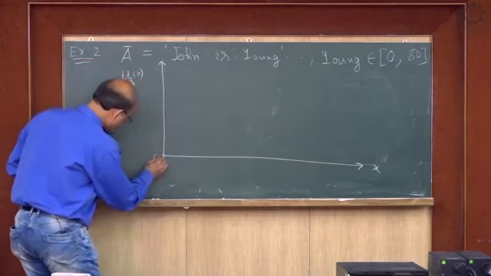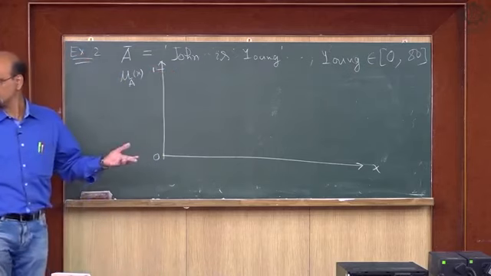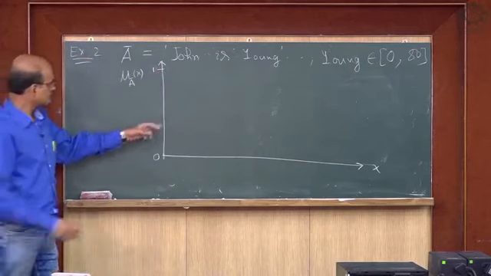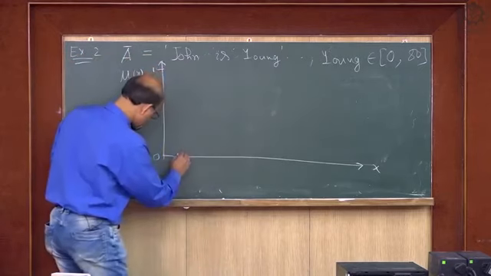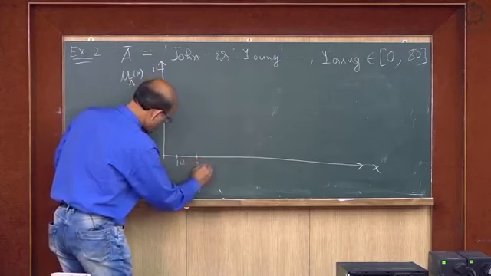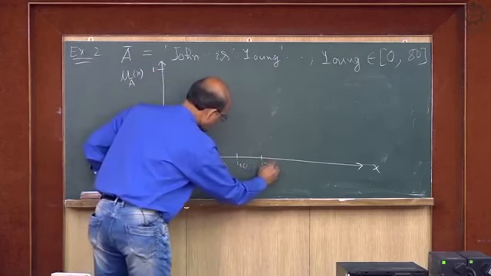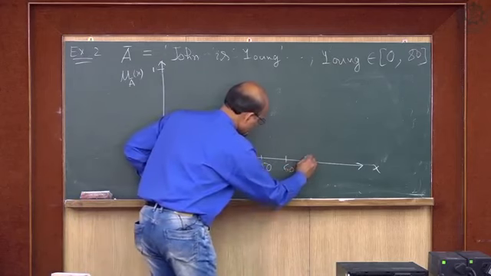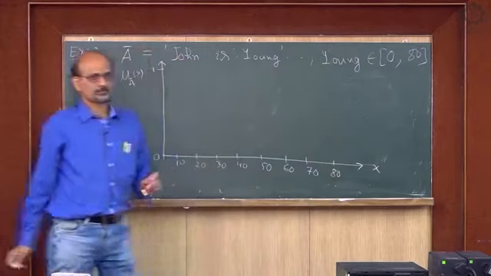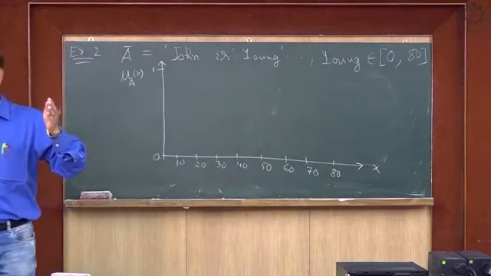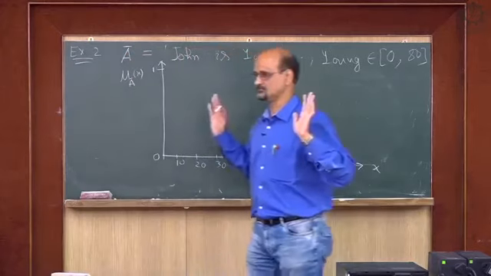Membership values will be from 0 to 1. Up to 80, so suppose 10, 20, 30, 40, 50, 60, 70, 80. See, the range from 0 to 80 I am considering as young.